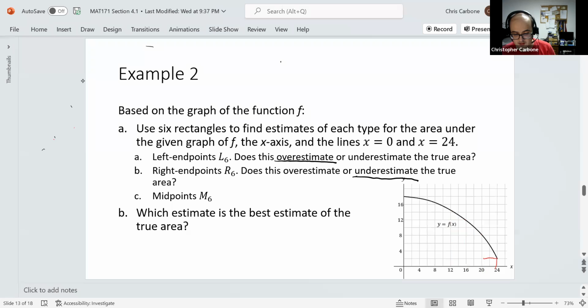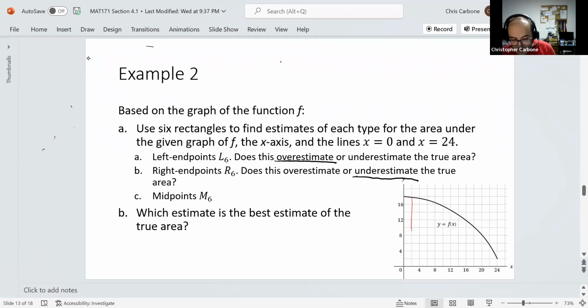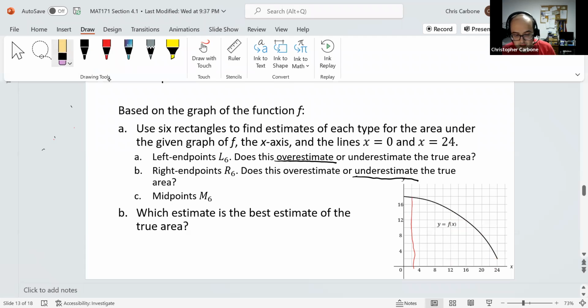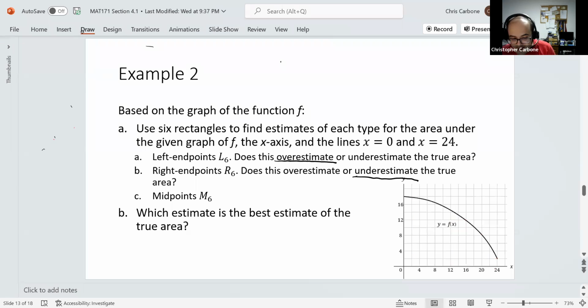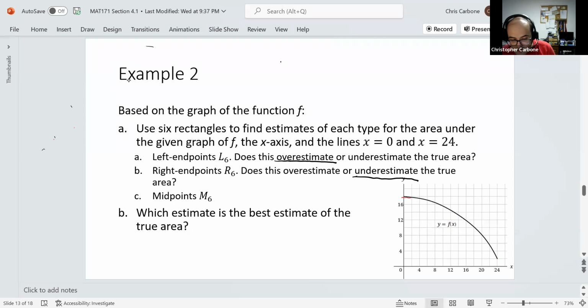Based upon the graph, since we are trying to use a midpoint, it'll be about here. Oh, well, I shouldn't draw it like that. So something about that. And then we have here.